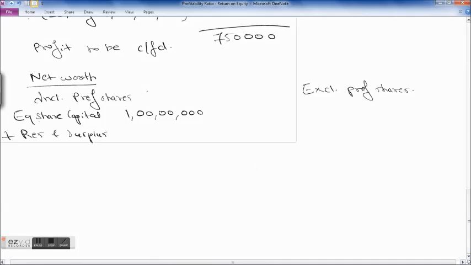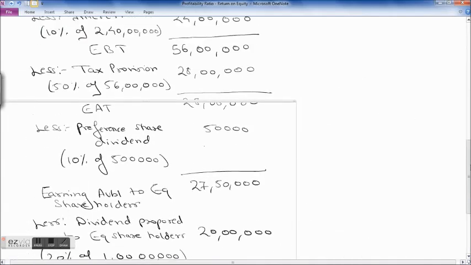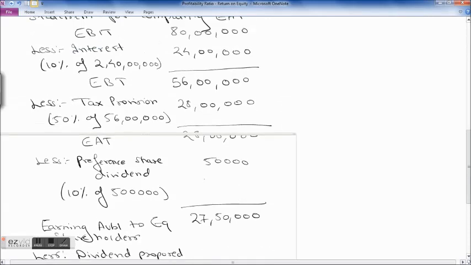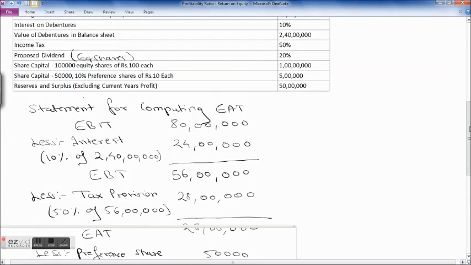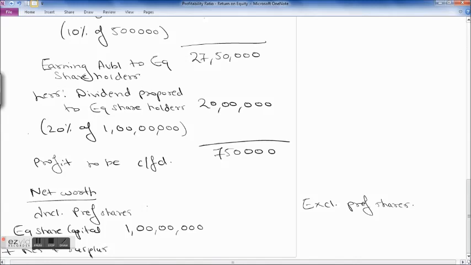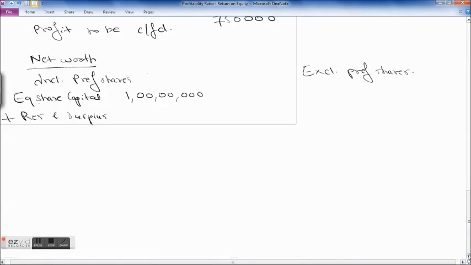Okay, so how much is your reserves and surplus? Reserves and surplus is 50 lakhs. Now this is excluding current year profit.